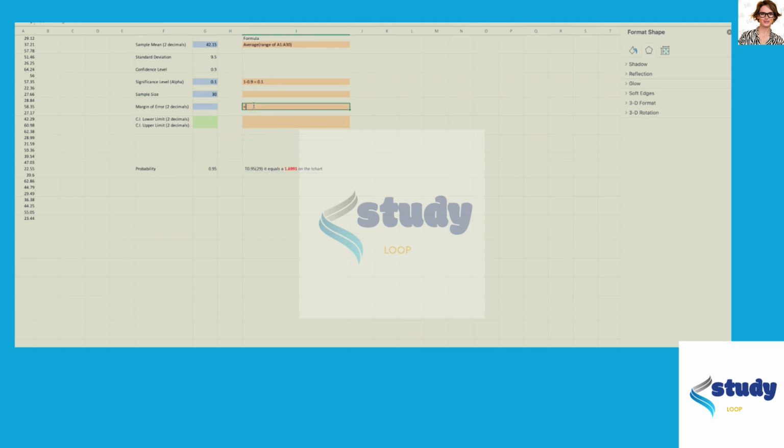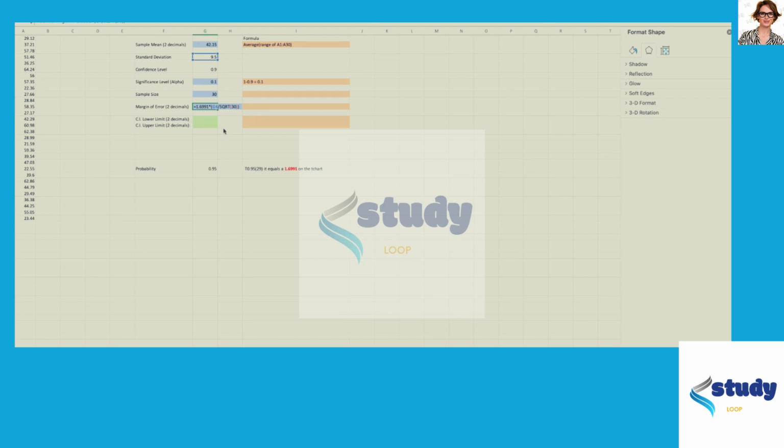So you're going to do equals 1.6991 times your standard deviation of 9.5 divided by your square root. So all you have to do is start typing S and then square root of your sample size of 30, and then close your parentheses.